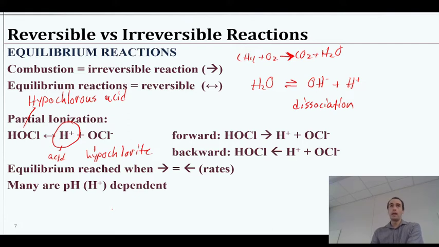Sometimes we have reactions like a dissolution reaction. It's an equilibrium reaction. If you add sugar to water, and you add enough of it, you're no longer going to be able to dissolve it. You've probably done this in elementary school: supersaturated a jar of hot water with sugar, and then as it cools, you put a little string in it, and it'll start crystallizing sugar crystals on it. That's an equilibrium reaction.